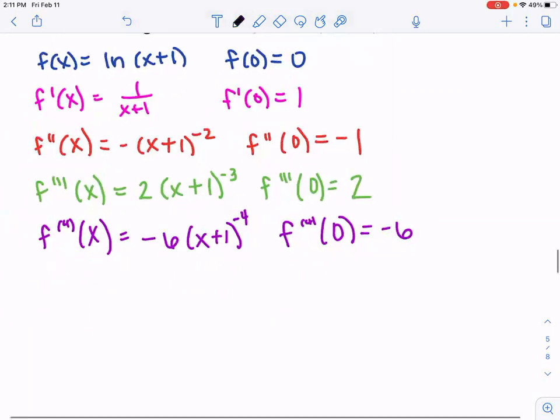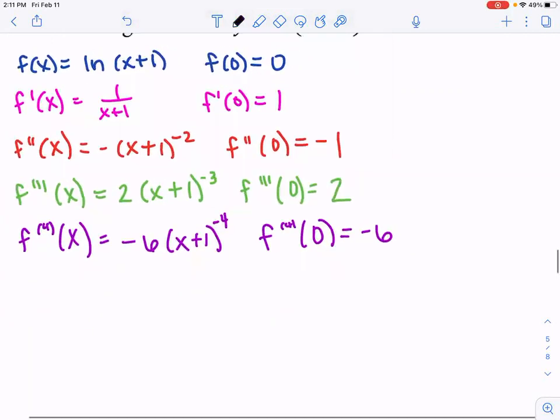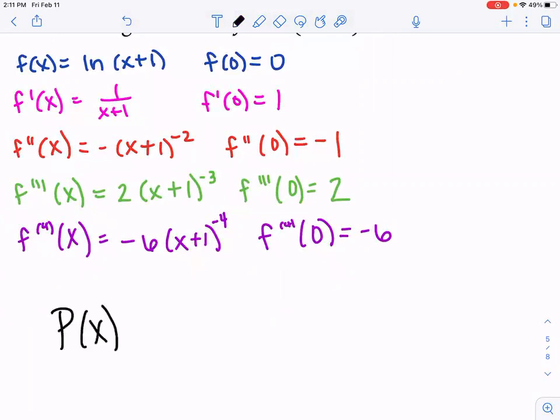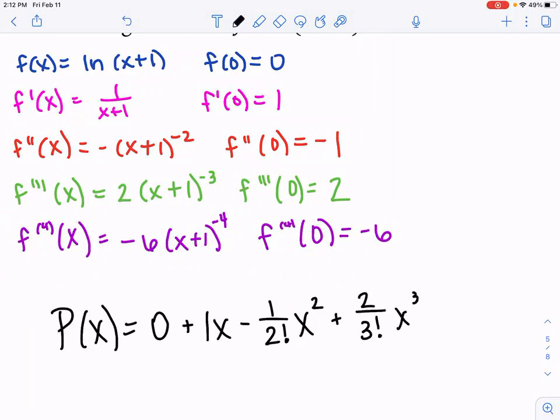So when we actually write our polynomial, P for polynomial, we have f of 0 plus f prime of 0 times x to the first plus second derivative over 2 factorial x squared plus 2 over 3 factorial x cubed plus negative 6 over 4 factorial x to the fourth.